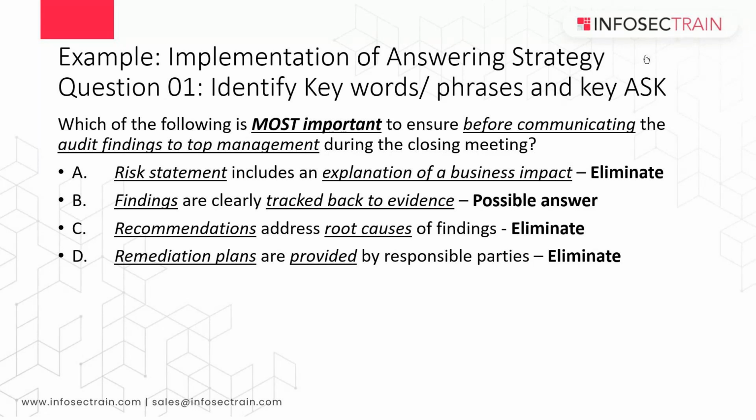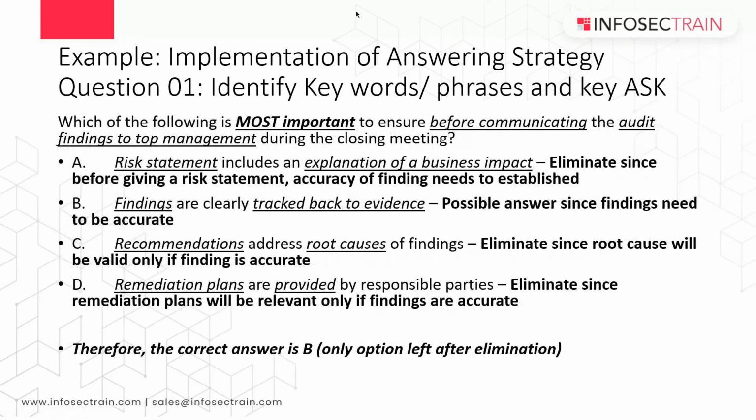Okay, so now let me give you the justifications for this. The key ask of the question was most important. Keywords were before communicating audit findings to the top management. Option 1 was risk statement includes an explanation of a business impact. So, as an auditor, when we are submitting our findings, we do tell what this finding is leading to, what risk can be there.